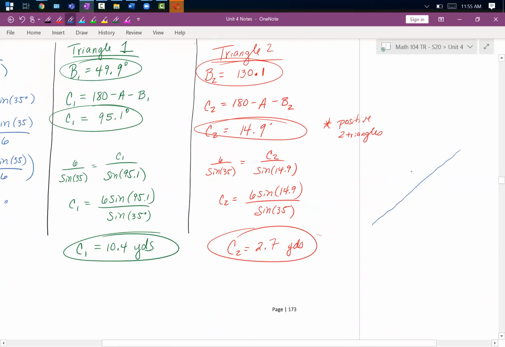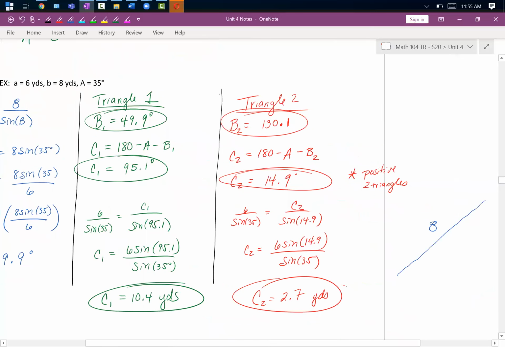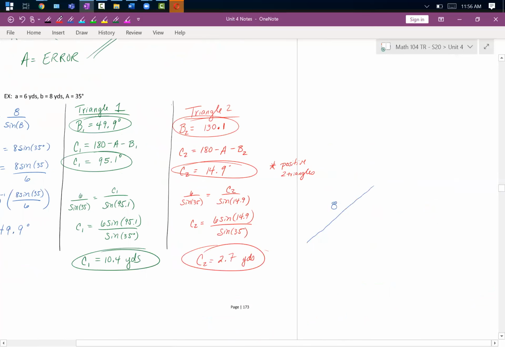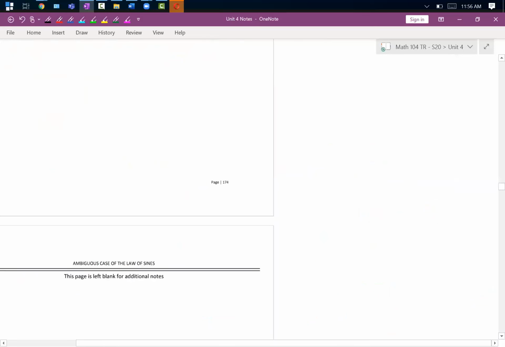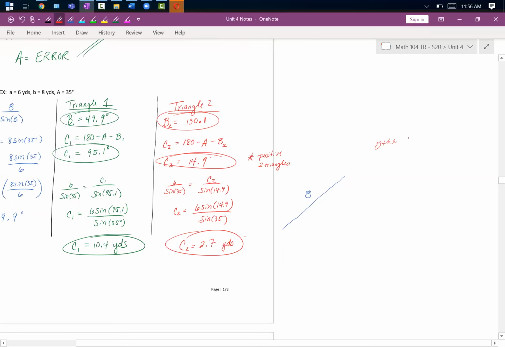All right, so if this is 8, I want to draw this just like this example here. That's 8. We know that the other side is 6. And we know angle A, which is this angle down here on the ground, is 35 degrees.